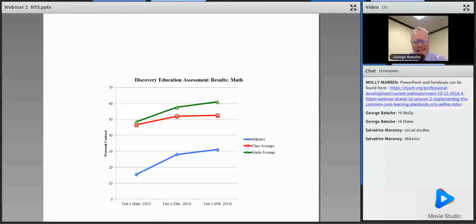But if we look at the other students in her class and at the grade level, we see that everybody's rate of growth tended to flatten. So we wouldn't rush to change something for Mackenzie. We'd have to figure out what it was that changed for all the students.